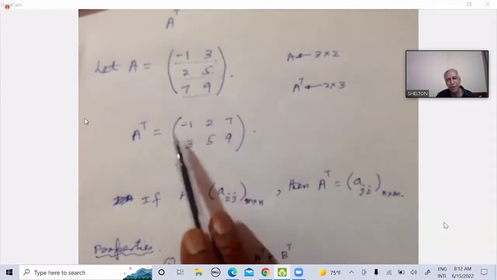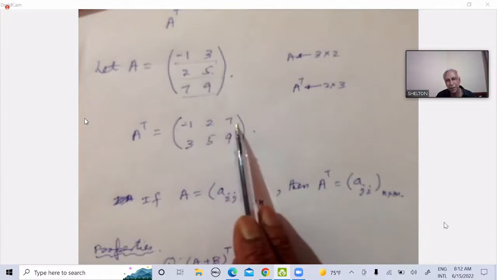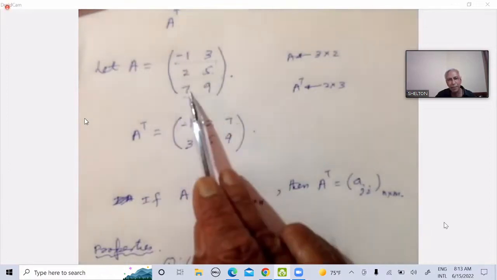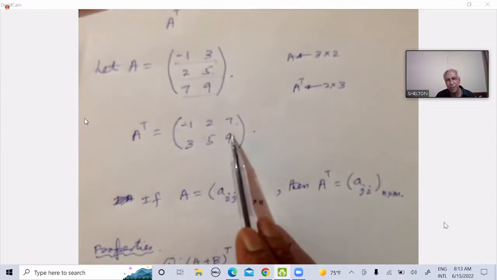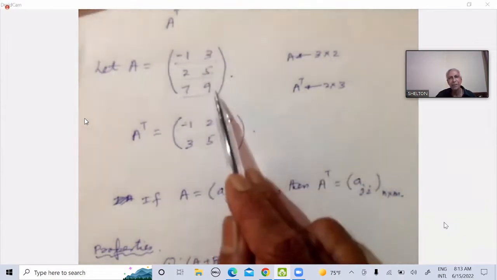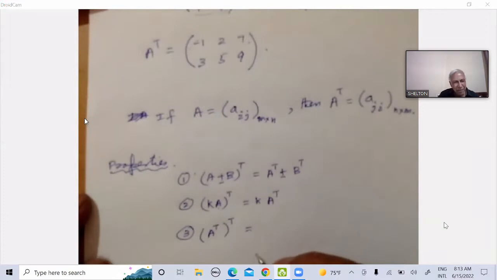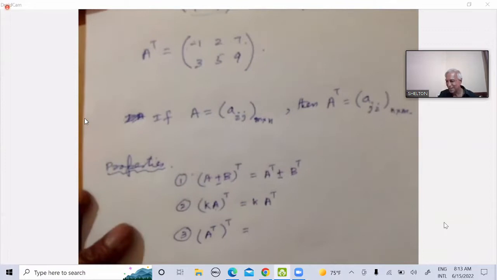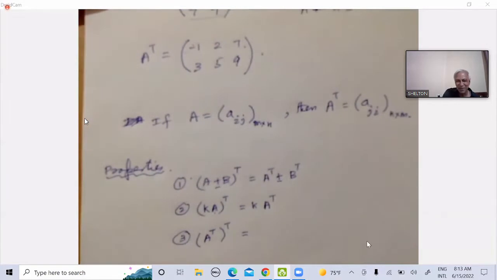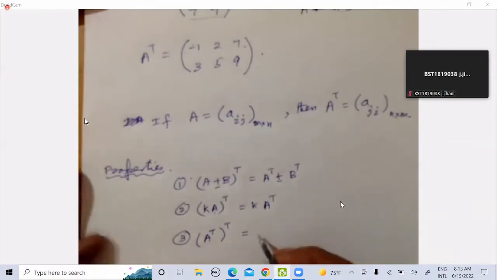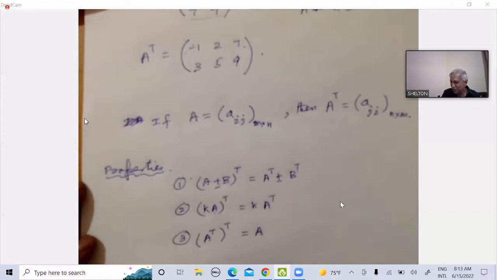So (A transpose) transpose is equal to A. That is right. Very good.